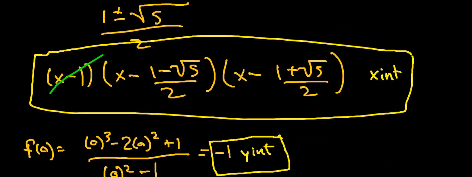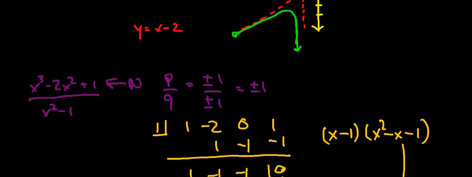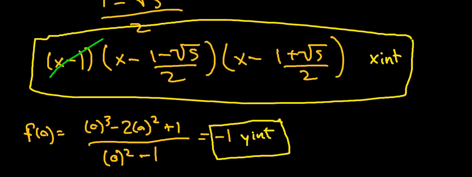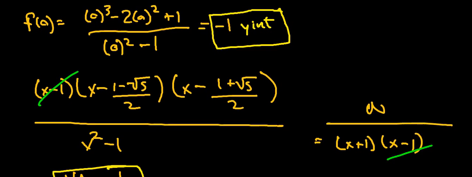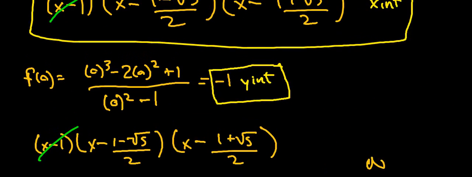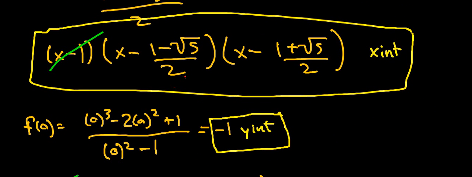Actually, let's get our x-intercepts and our vertical asymptote. So I have a vertical asymptote at minus 1. And then we have these zeros at 1 minus the square root of 5 over 2, and 1 plus the square root of 5 over 2. And I don't really know what those are, so I'm going to put those in my calculator real quick.